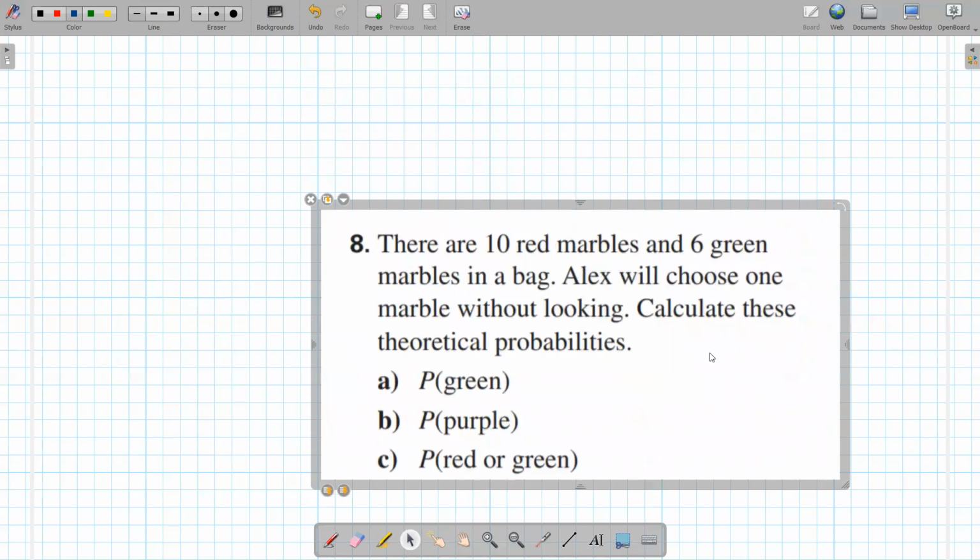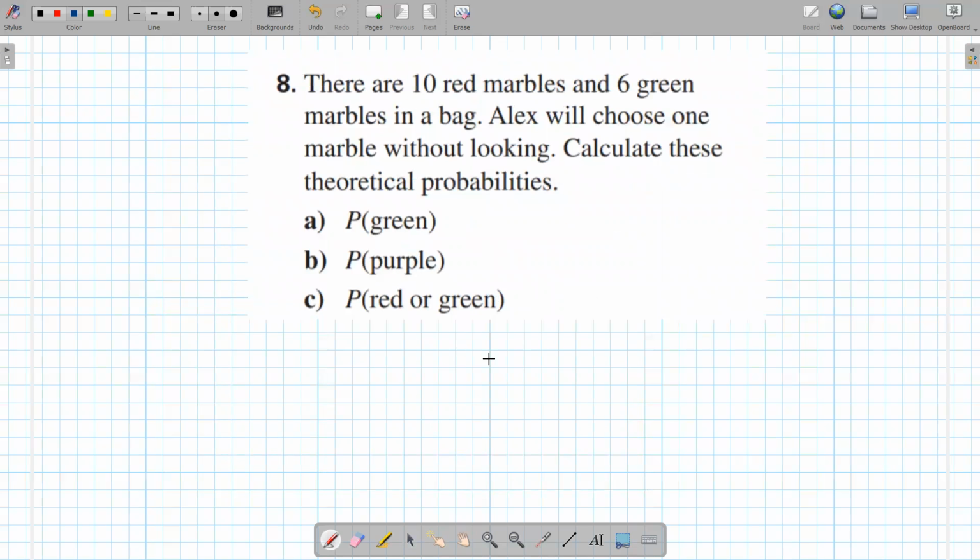So in a bag, there are 10 red marbles. Let's say this is the bag, and there are 10 red and 6 green. So in total there are 16.